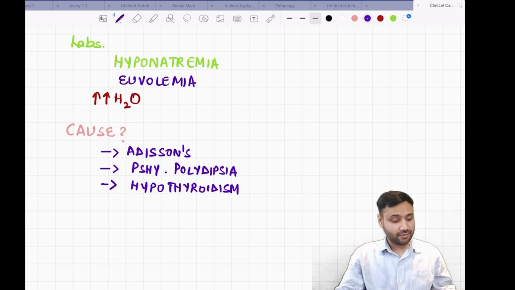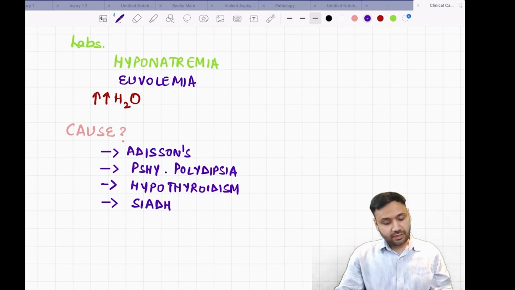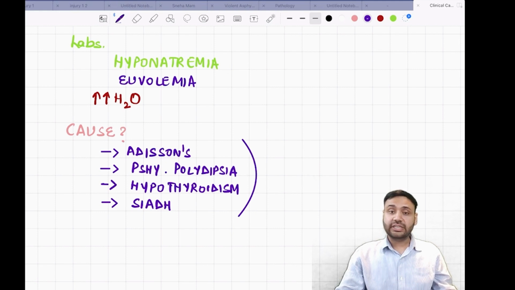And the last one is SIADH. These 4 conditions are commonly tested, and we will dive into each of these so that we can find the cause in this patient. So let's discuss Addison's first.